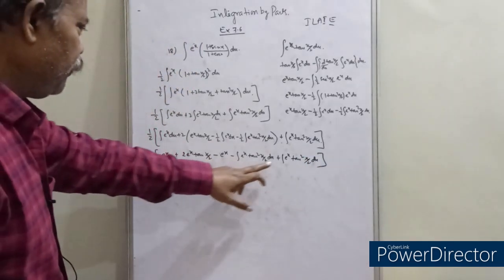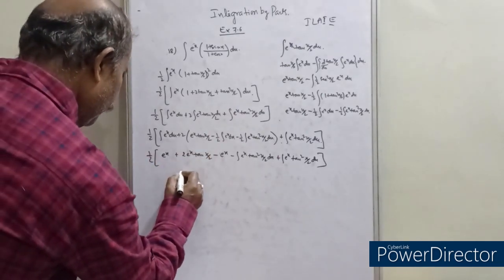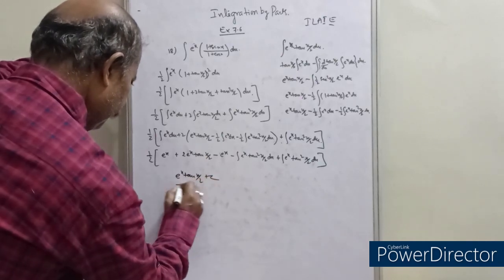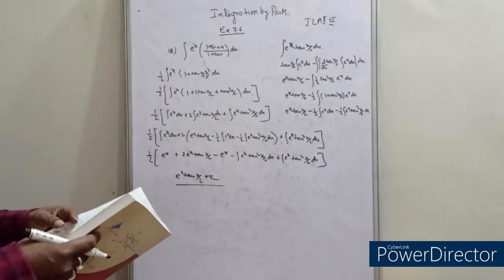Here you see that these two terms cancel out, this also cancels out, so the only answer that remains is e to the power of x tan x by 2 plus c. This is your answer. So let me check the answer.